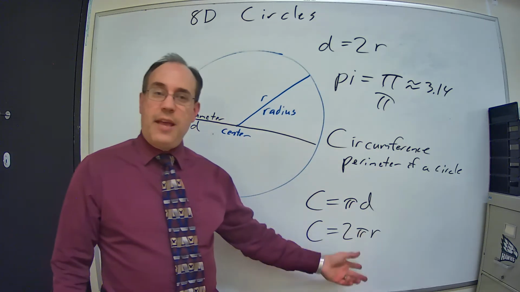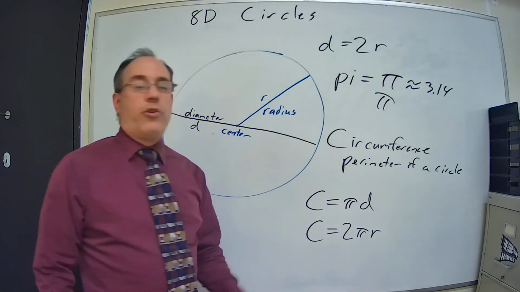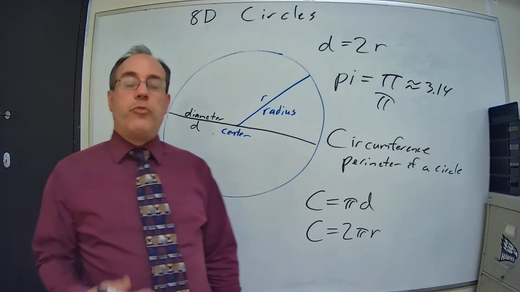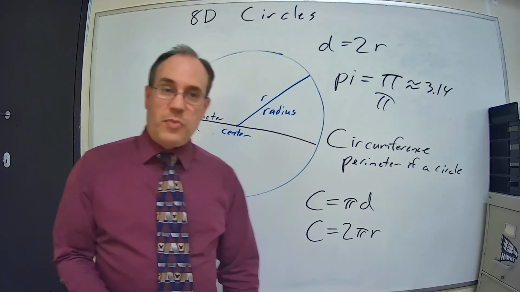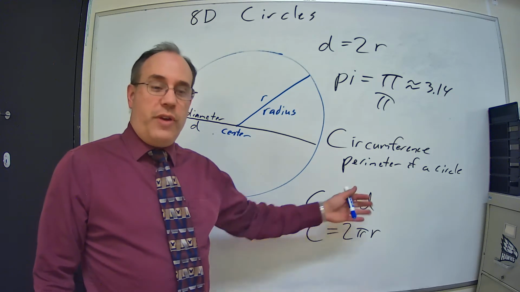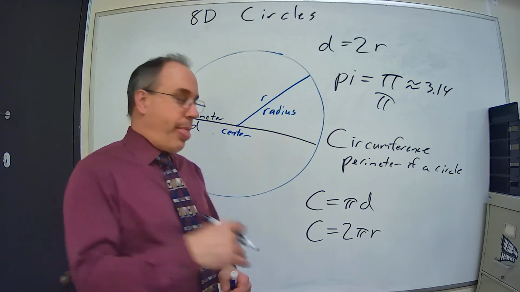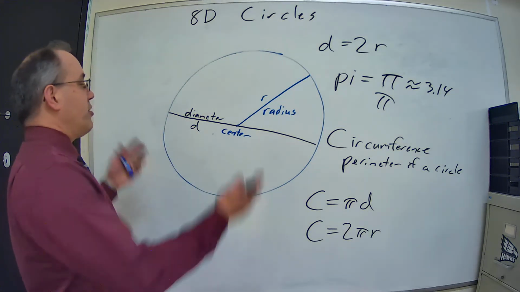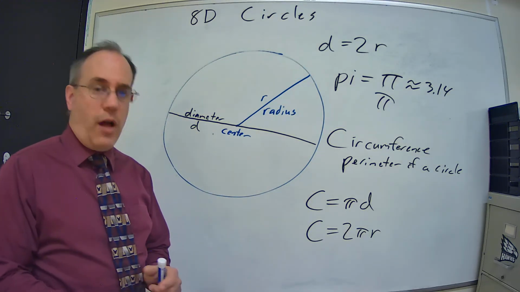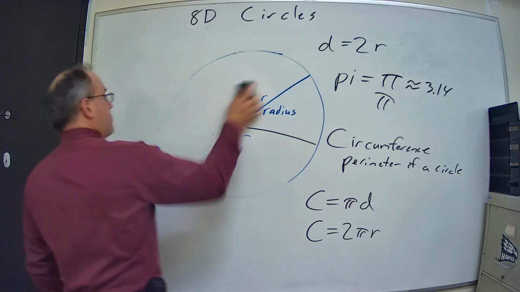It's really the same equation because 2 times r is d, so it's really just a matter of which one you prefer to remember, and do you have the radius or do you have the diameter when you go to find the circumference. So let's find the circumference of a circle. So let's get this out of the way.